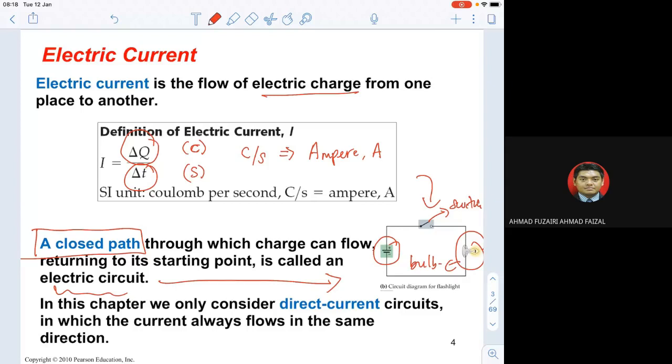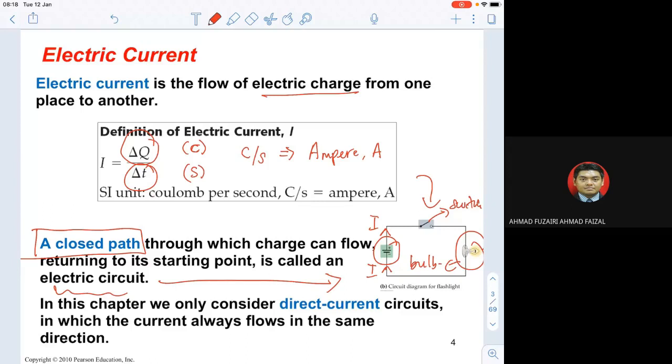We are saying that the current will move from the positive terminal, go out from the positive terminal, and come back to the negative terminal. In this chapter we only consider a direct current circuit.